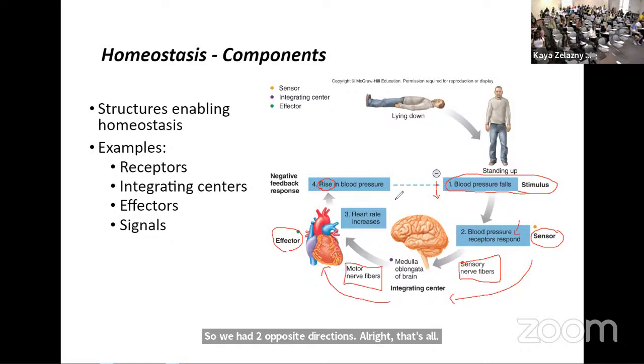This mechanism pulls blood pressure back up, a rise. So this is our negative feedback response. Our general structures would be our various receptors, integrating centers, effector organs, and all our signaling pathways are going to be involved in maintaining homeostasis.